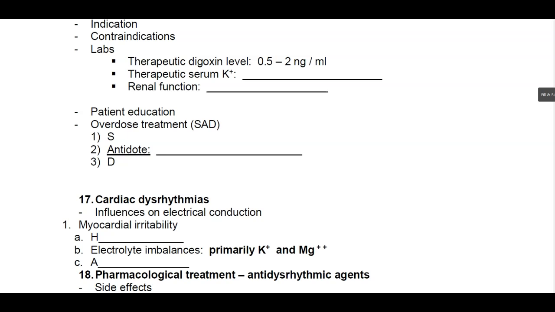Next is your potassium level, which typically needs to be within normal range, or 3.5 to 5. In addition to that, it is very important to monitor and analyze your renal function. So basically, we assess your BUN and creatinine, because this medication, when given to somebody with decreased renal function, can actually cause increased toxicity.